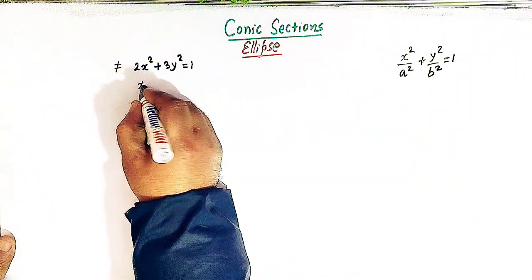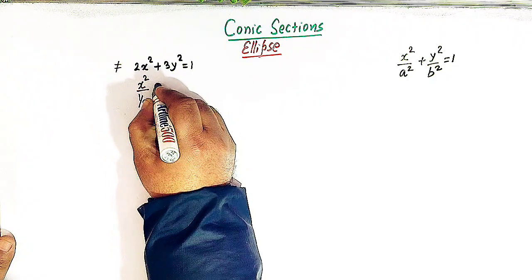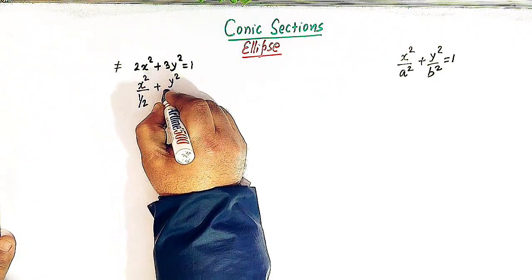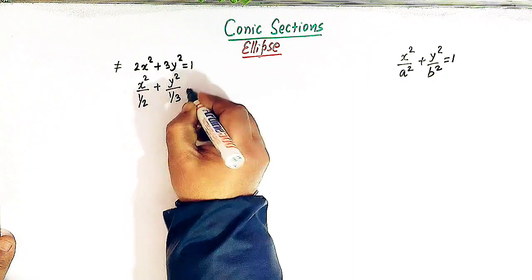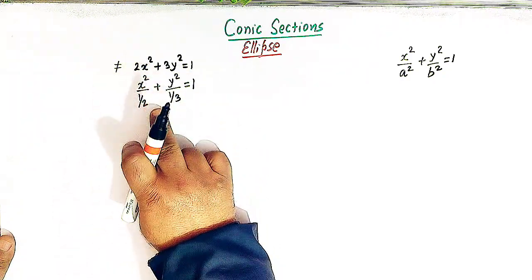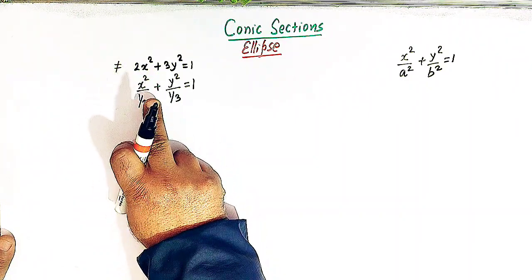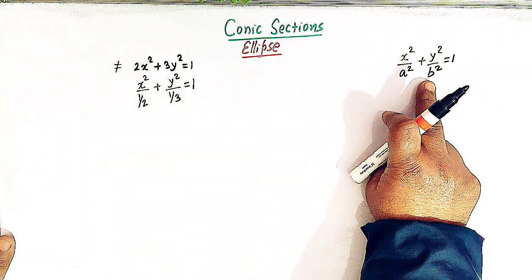So we can write this equation as x square over 1 over 2. Then we can write y square over 1 over 3 is equal to 1. Right? So these two equations are equivalent equations. So we have expressed this equation in this form.